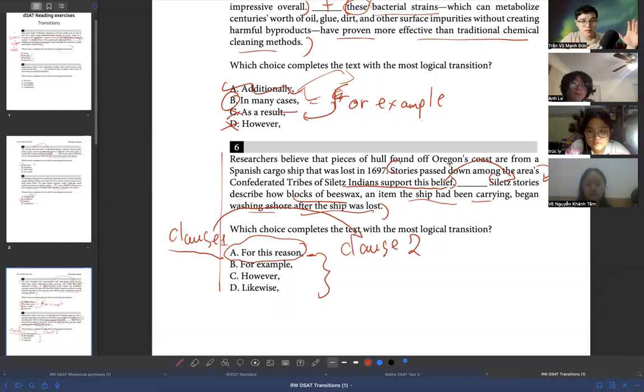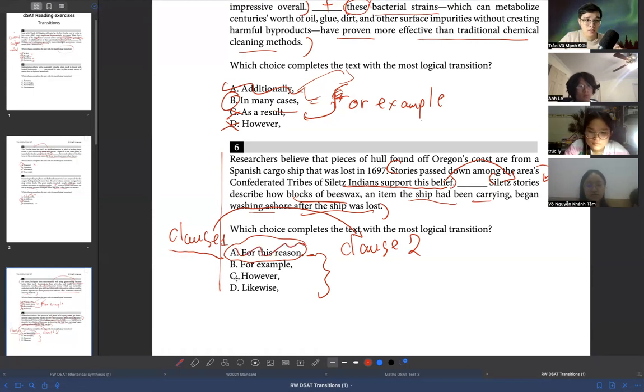The stories support this belief, so it caused the stories to describe the blocks of beeswax. Is it correct? No, right? Because the story, regardless of whether or not it supports the belief, has already happened. It already is a story, so it can't change to support this belief, and it won't make sense either. So A won't be correct.